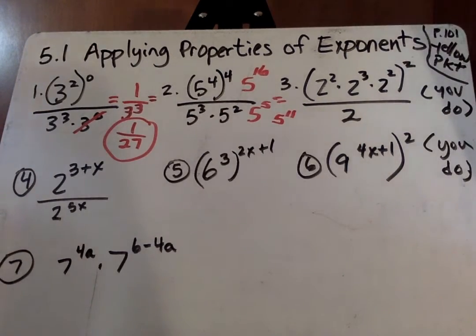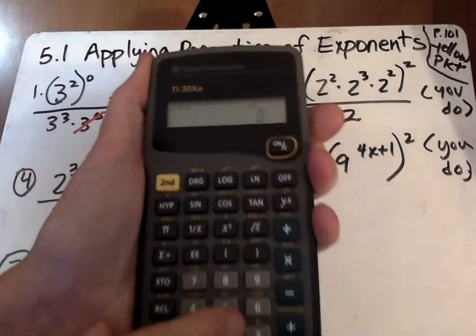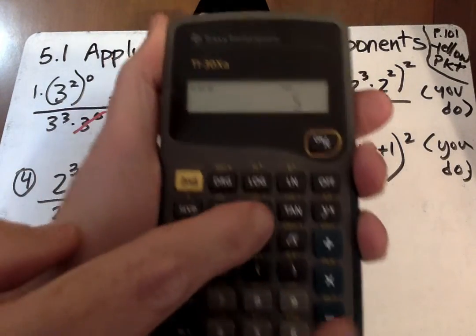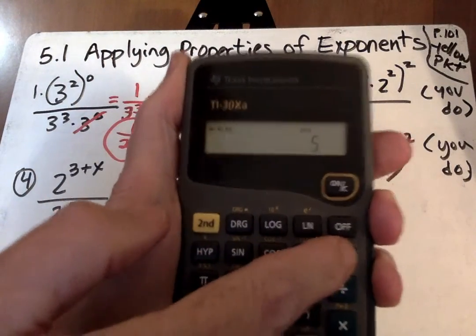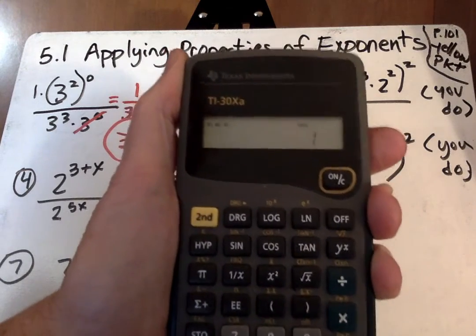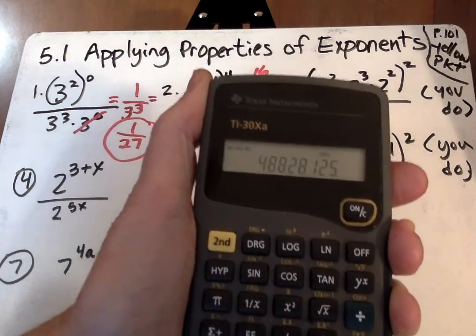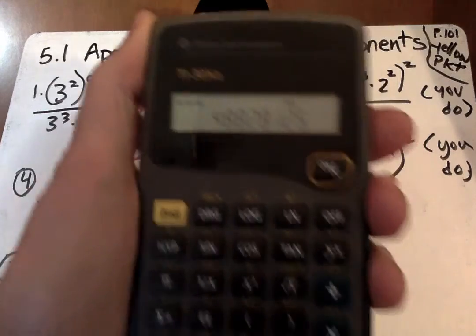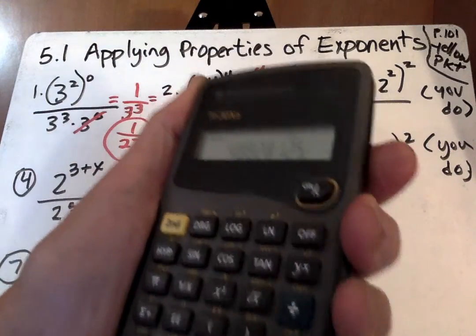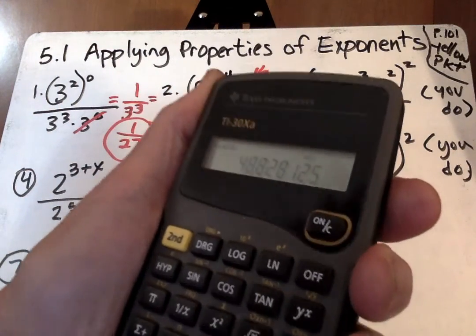Now, if I wanted to know what that would be using our calculator, we go 5, and then we go over here, y to the x, 11, and get equals. And it's that big old long number. Is that 4,882,000?